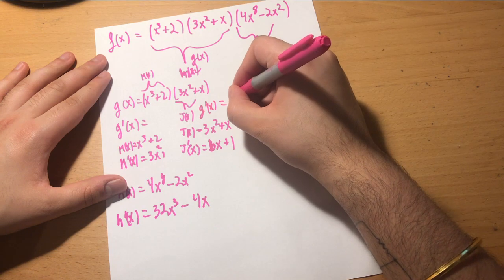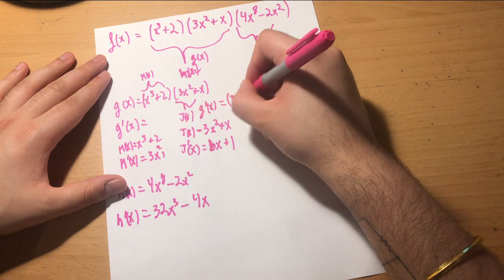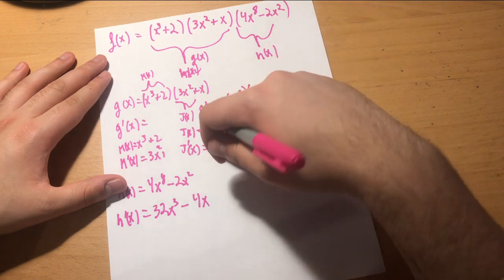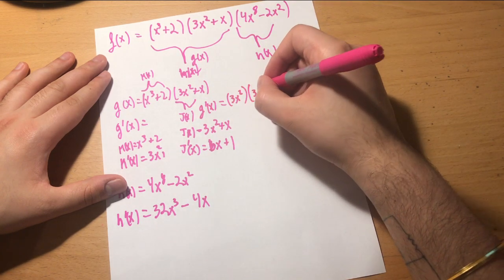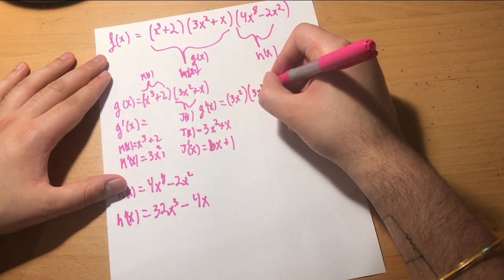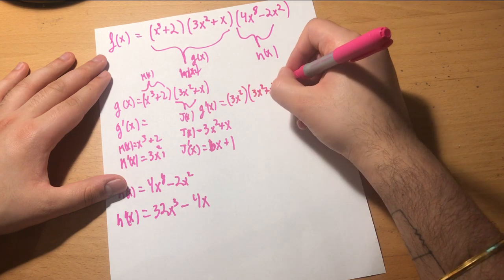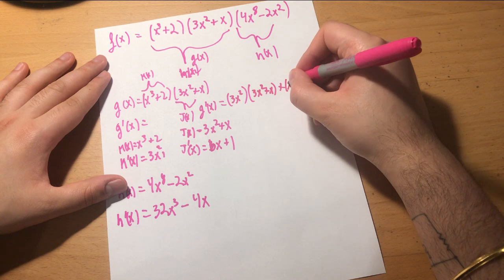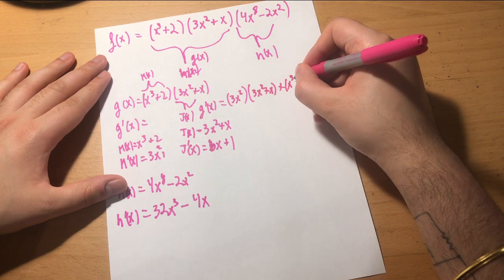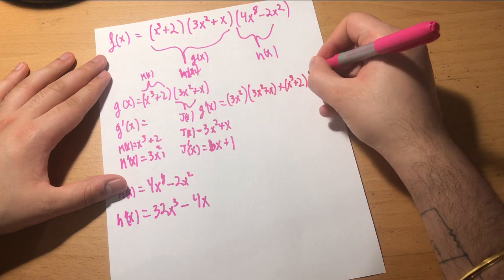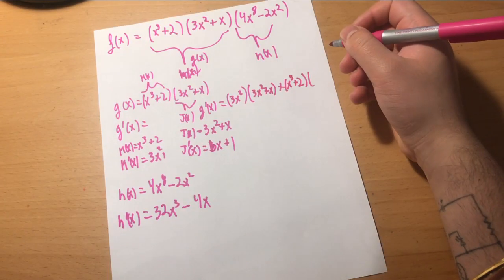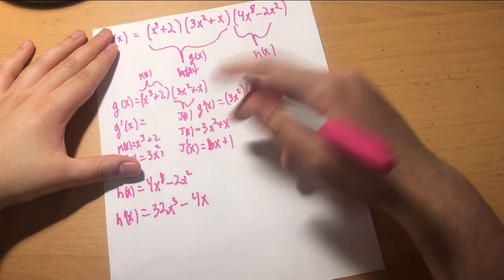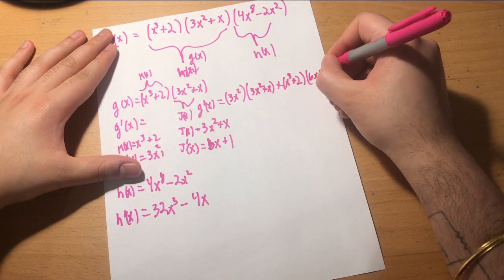That's going to be 3x squared times the original second thing right there, that's 3x squared plus x, plus the first thing, x cubed plus 2, times the derivative of the second thing. And we figured that to be 6x plus 1.